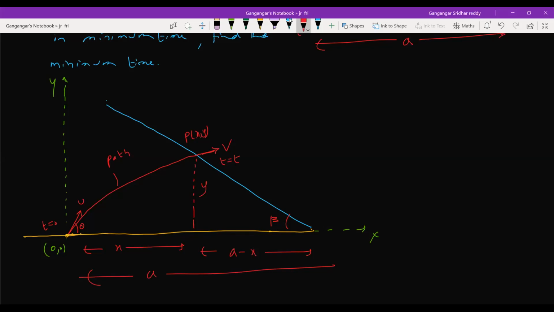Get ready with all these things first. There's the trajectory path, and alpha is the angle of inclination given.